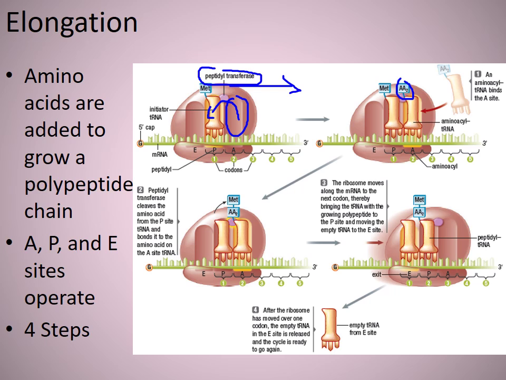When the tRNA loses its amino acid, it will then move over to the E site, which serves as the exit site. The tRNA will leave the ribosome and pick up another amino acid, so it can come back and help to elongate this polypeptide chain.